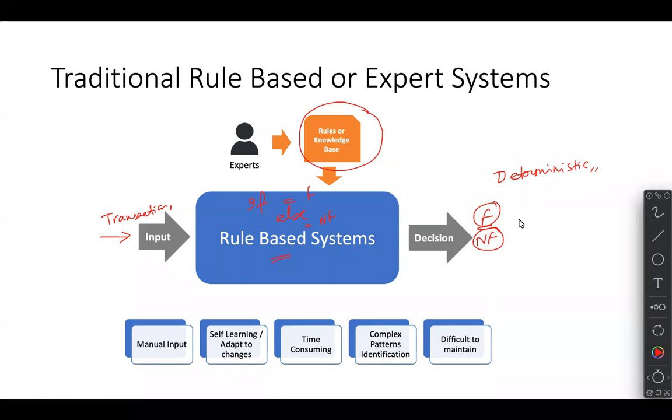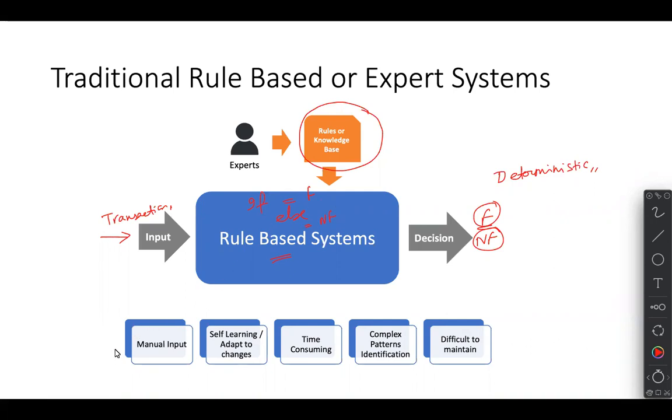And of course, as the rules change or the context changes, the experts again add rules or remove rules from the system. But this happens very slowly because manually understanding this changing context takes a lot of time, and then configuring them manually also takes a lot of effort and cost.